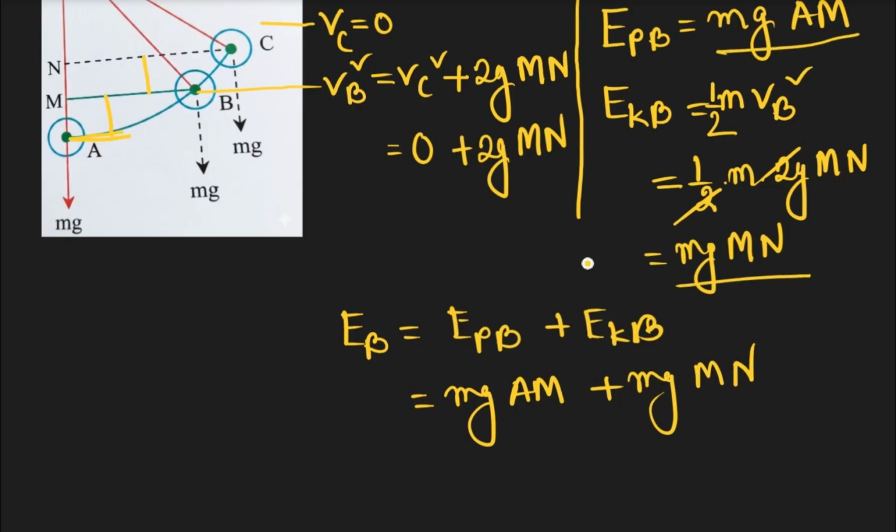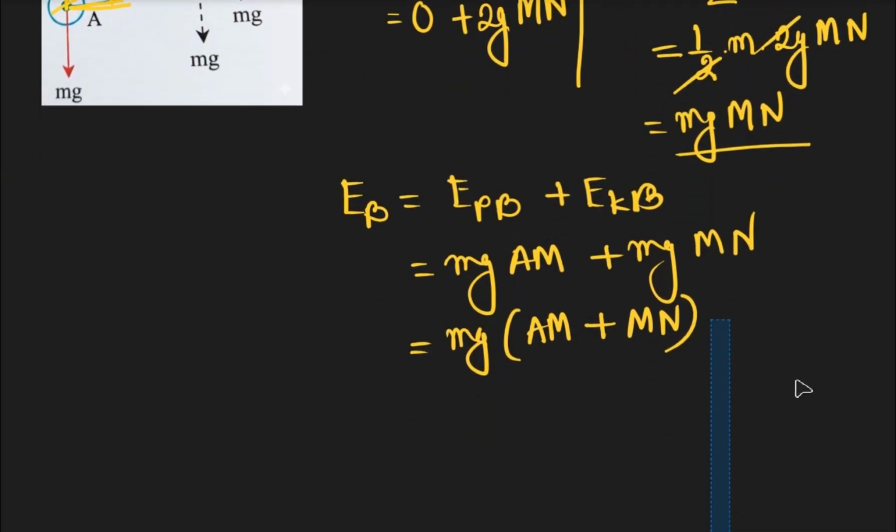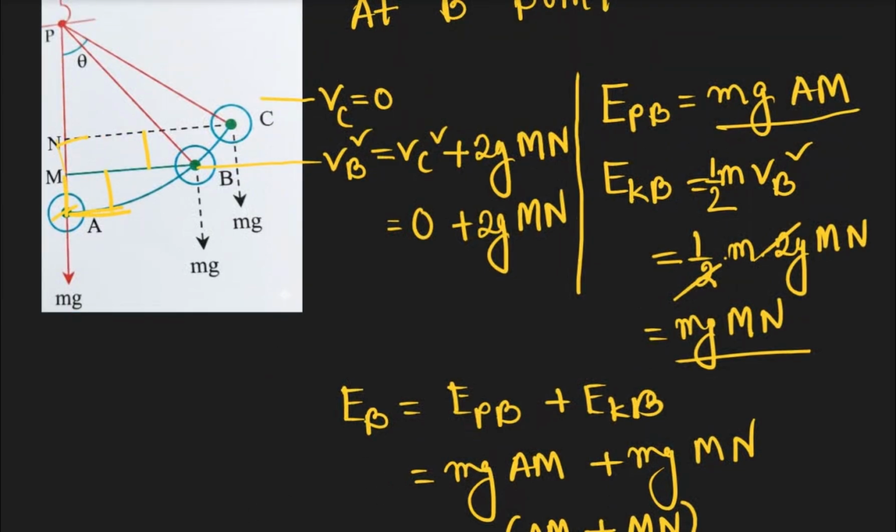Then we take mg common, so AM plus MN, and all together we can write AN. So the total energy is mg AN, right?